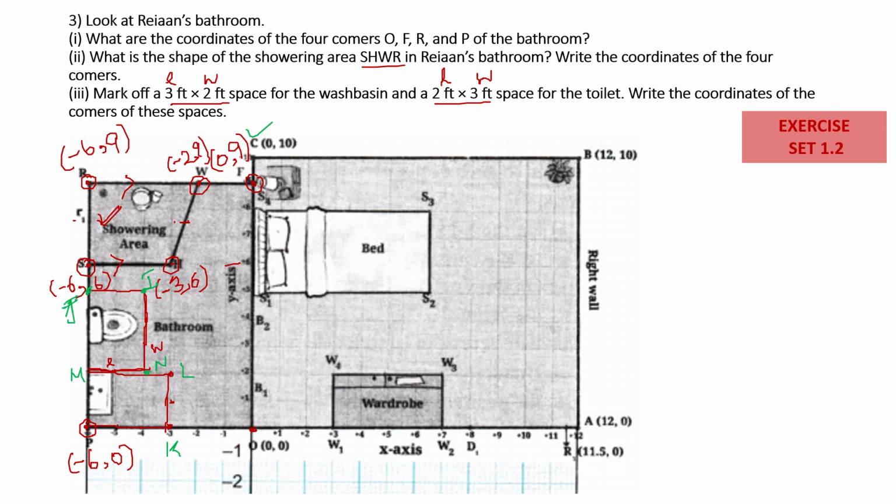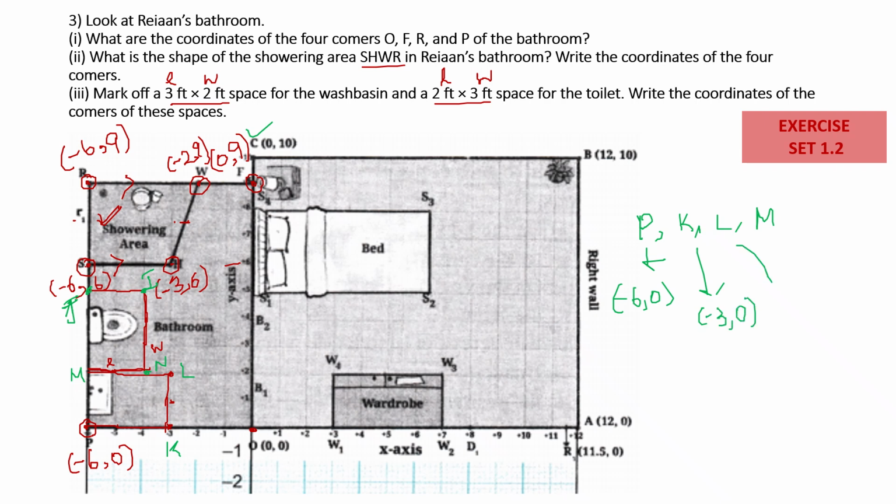First, for the wash basin, we will write the corners: P, K, L and M. So for P, what is the coordinate? It is minus 6 comma 0. And what about K? Over here it is minus 3, since it is on the x-axis: minus 3 comma 0.